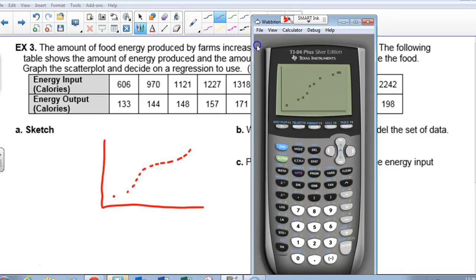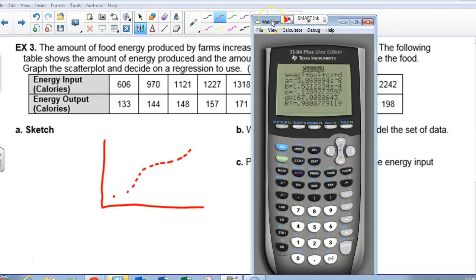Good enough for me. All right. So stat, right arrow. We thought cubic, which is going to be list 1, list 2, and I'm going to save that one in Y1. It doesn't give you an r value for a cubic, but it does give you an r squared.